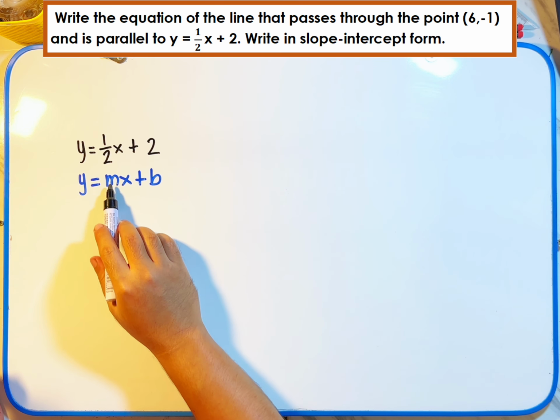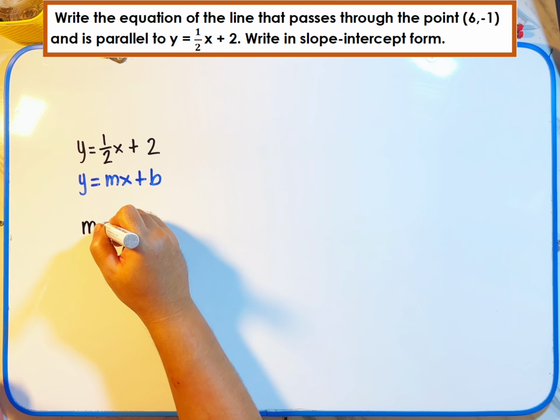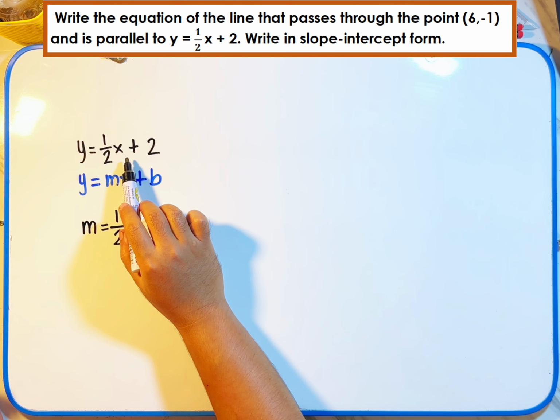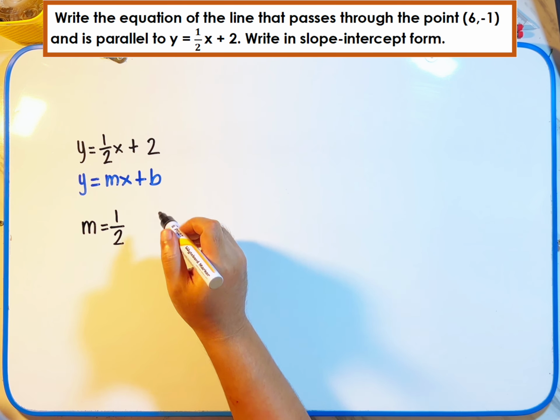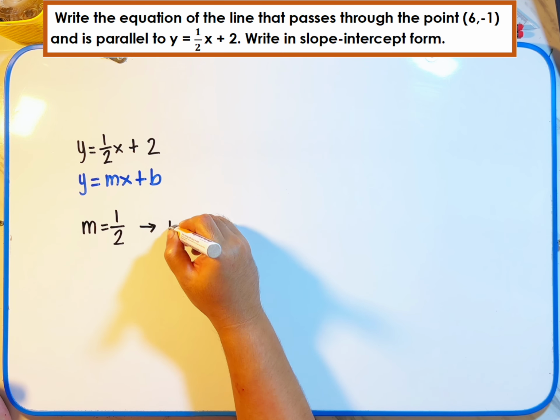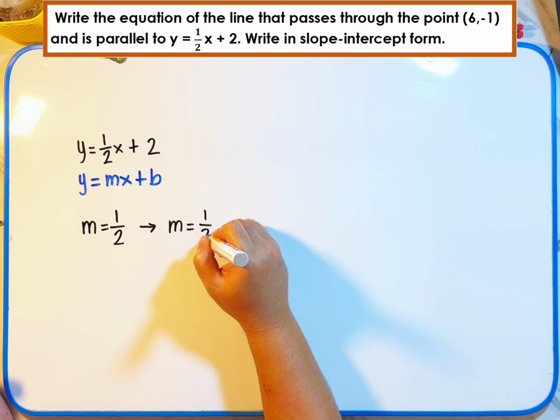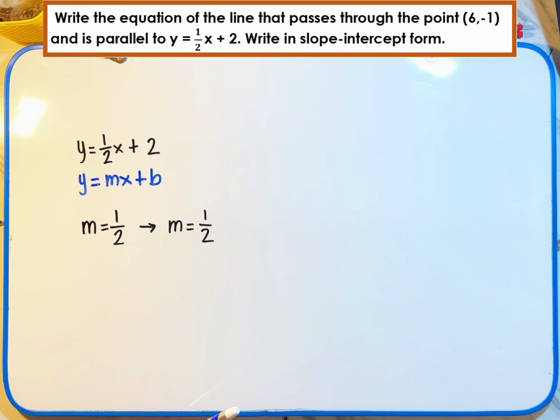Therefore, the slope is 1/2. Since this line is parallel to our required line, the slope of our required line is also 1/2. Remember, the slopes of parallel lines are equal.